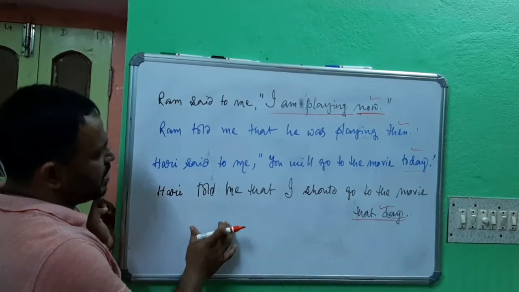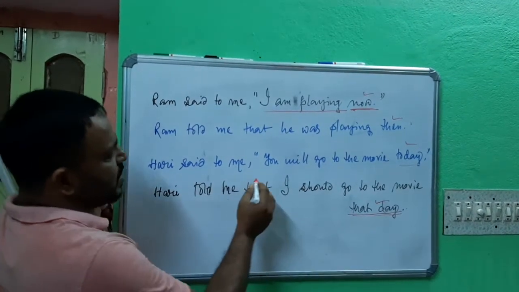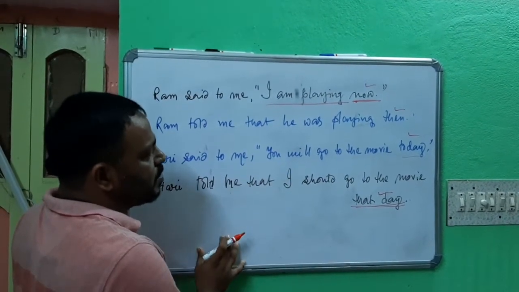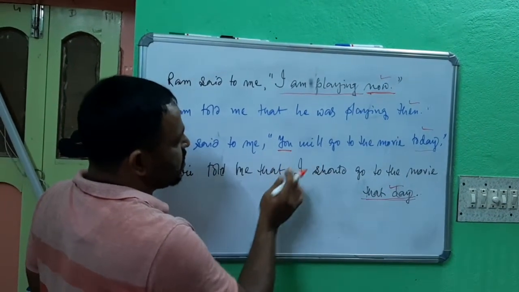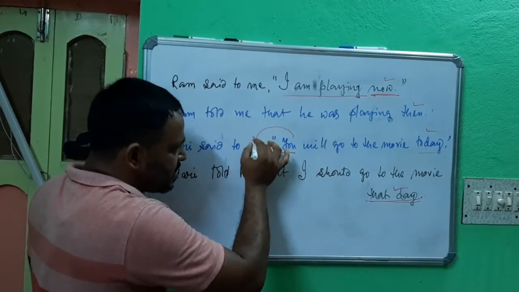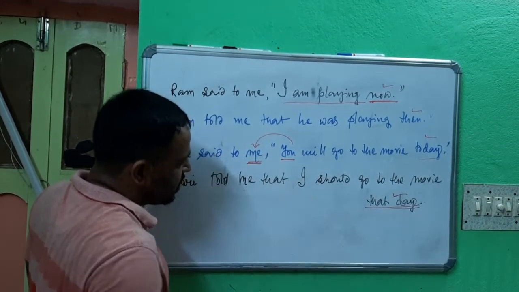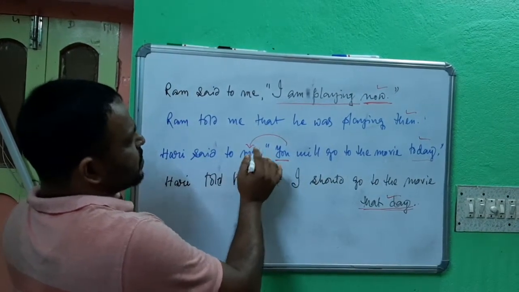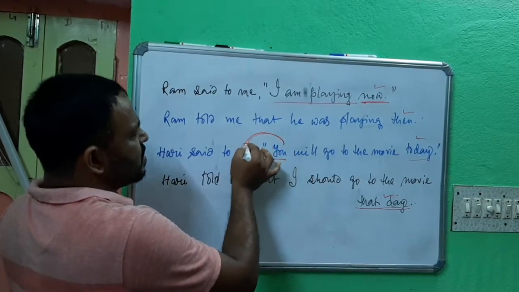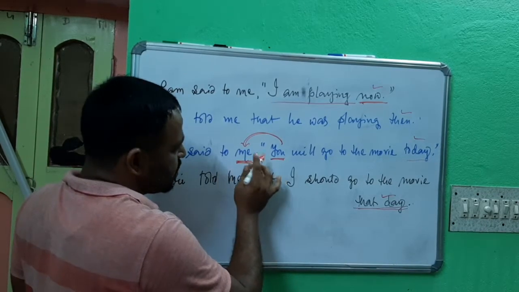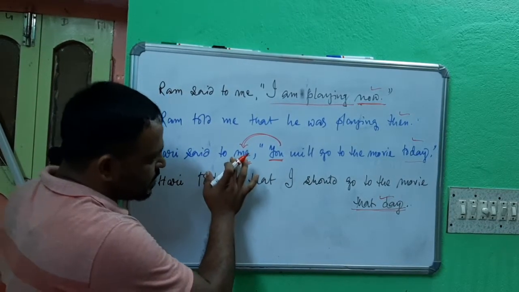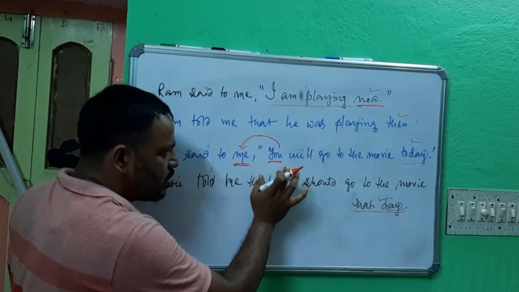And another fact that we generally face is that people can't understand what pronoun should be used. Here the word is you. You here indicates the person spoken to, that is me. That means the subject would be changed according to the person spoken to. If it is first person, it will be converted to first person.